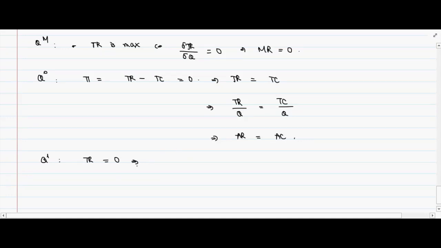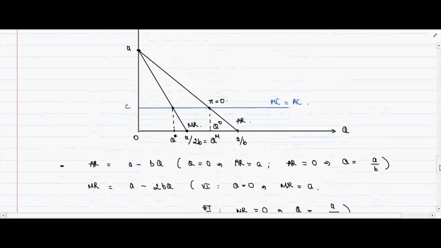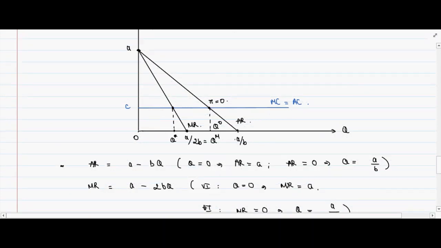If I divide both sides of this equation by Q, then I get total revenue on Q equal to 0, and total revenue on Q is just average revenue. So the point at which the average revenue is equal to 0 is the point where the total revenue is equal to 0.